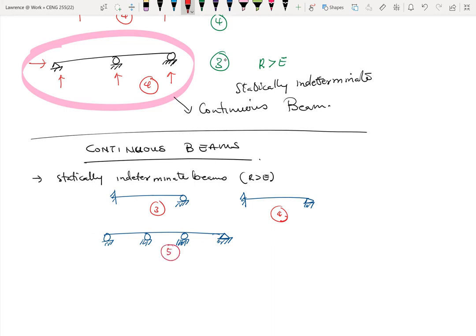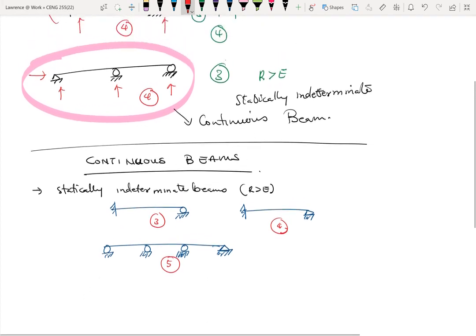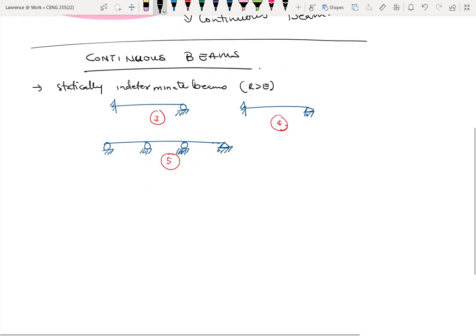So typically continuous beams are beams which are statically indeterminate. They are beams that you cannot solve with information from year one of basic structures. So let's define what continuous beams are.